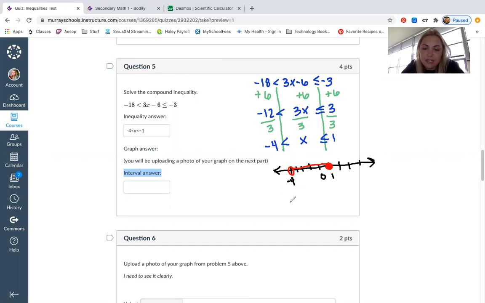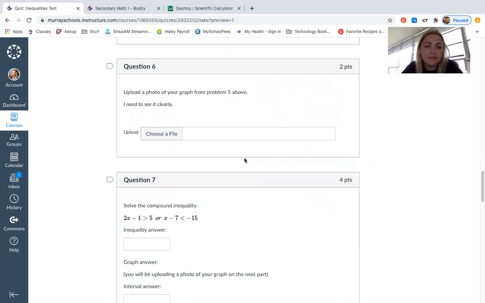My interval notation then will be from negative 4 with a soft parenthesis up to 1 with a hard parenthesis. So I will say soft parenthesis, negative 4, comma 1, hard parenthesis. Perfect. Okay, let's move on to question number 5. Or 6.